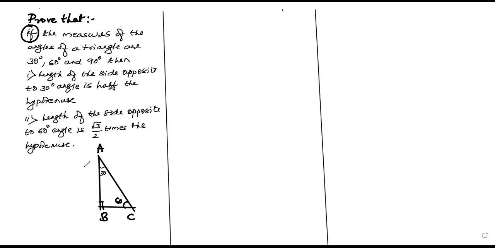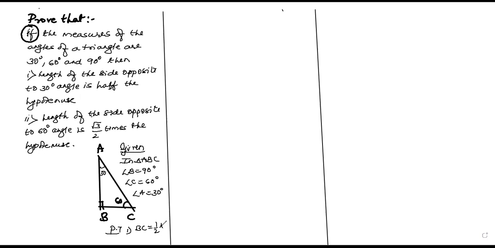Now, this is what is given. What is given, children? In triangle ABC, angle B equals 90 degrees, angle C equals 60 degrees, angle A equals 30 degrees. And you have to prove that the side opposite to 30, BC, is half AC.